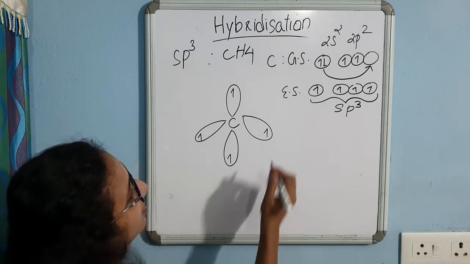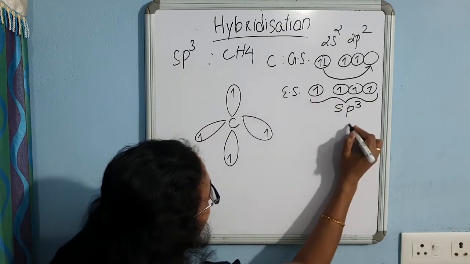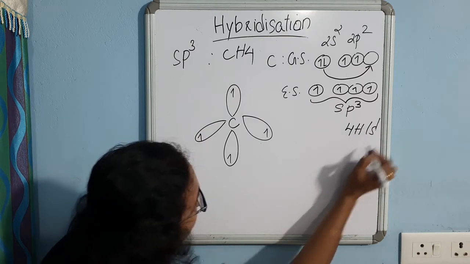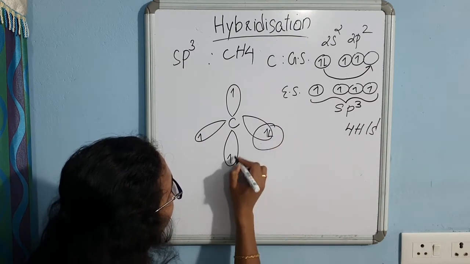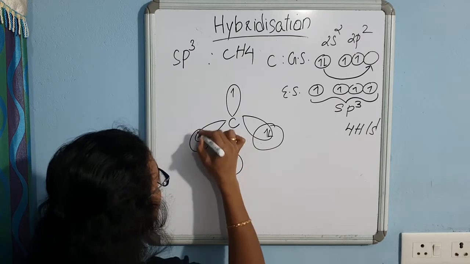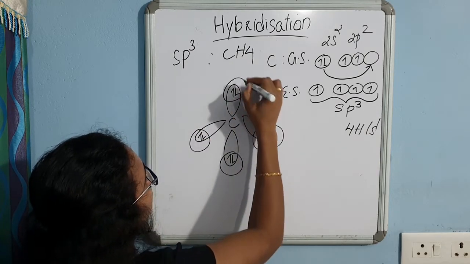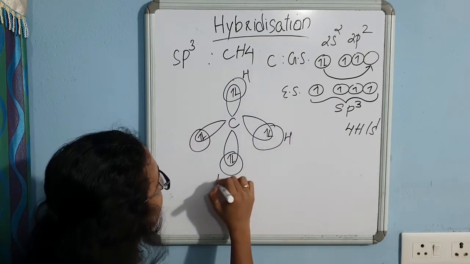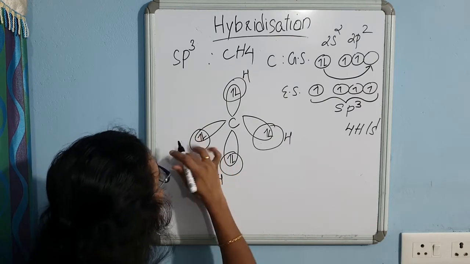Now 4 hydrogen atoms with 1s1 configuration can overlap with the 4 hybrid orbitals of carbon atom to form a tetrahedral methane molecule.